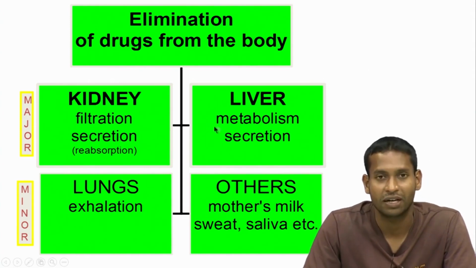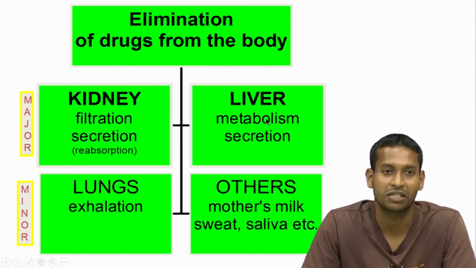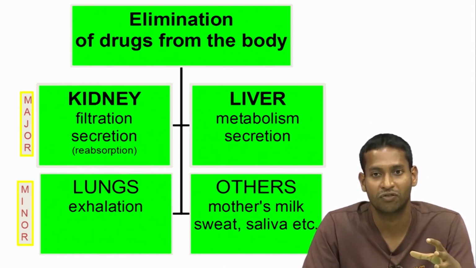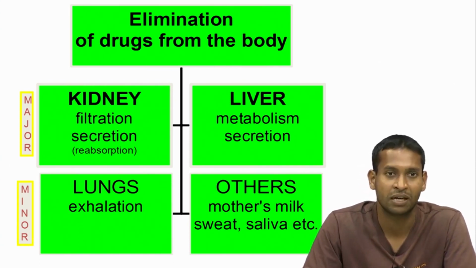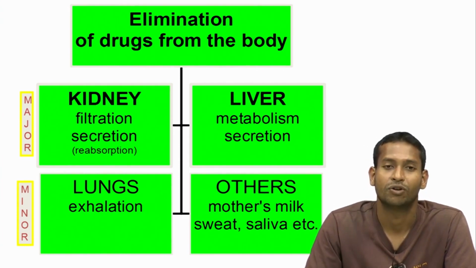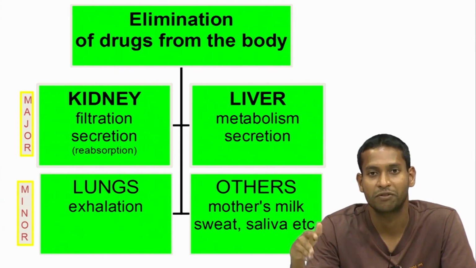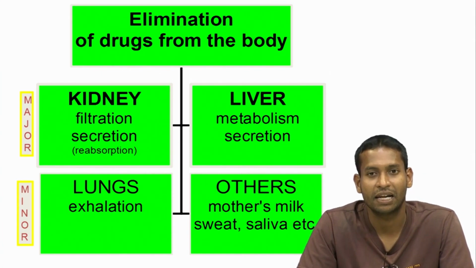The next major organ is the liver, and as we discussed in the previous lecture about first pass metabolism, the liver is essentially the metabolic organ of the body, which basically means it contains lots and lots of enzymes and has lots of contact with the drug in the plasma. What it does is break the molecules down into several individual components, which, unlike the kidney, does not directly eliminate it from the body.